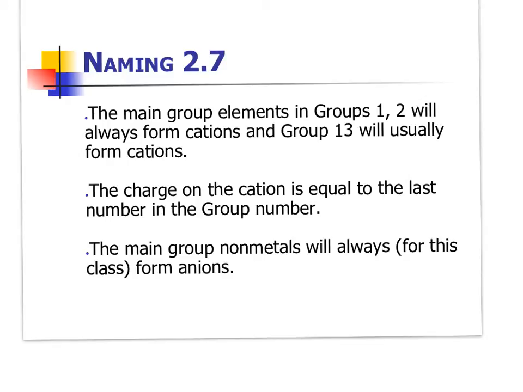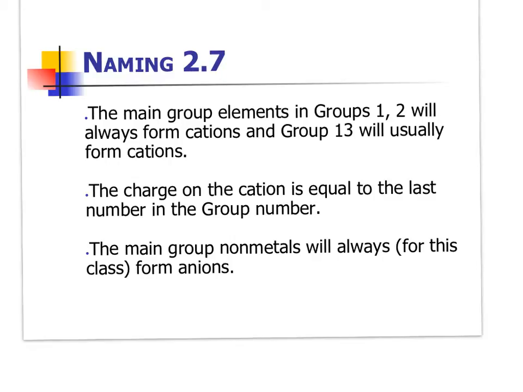To give you some reminders, the main group elements, that's groups 1, 2, and group 13, will form cations under normal circumstances. The charge of that is equal to the last number in the group. That's the trend. If you look on your periodic table, all of the group 1 elements form a positive 1 charge. All of the group 2 elements form a positive 2 charge.